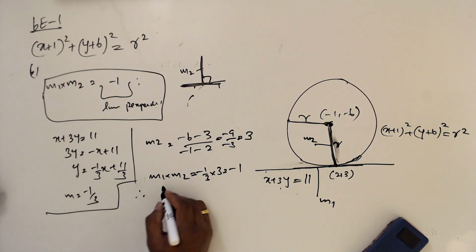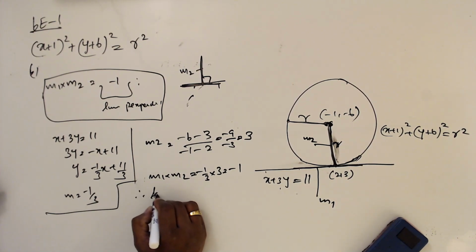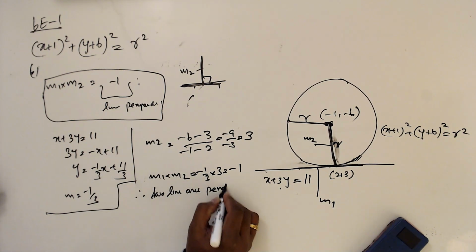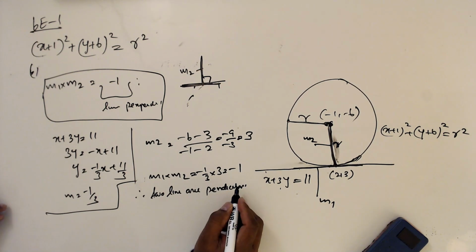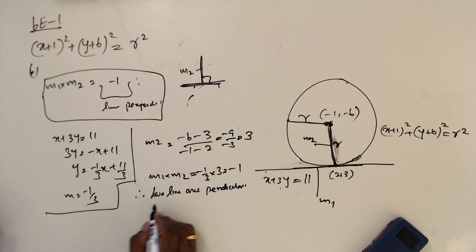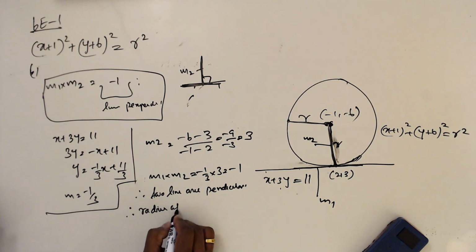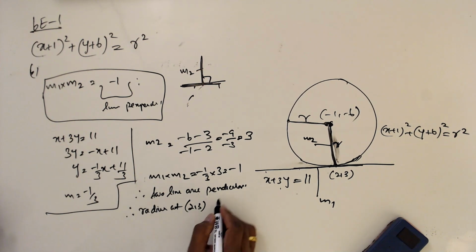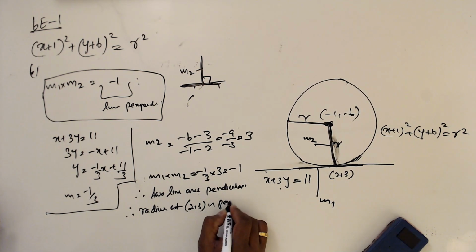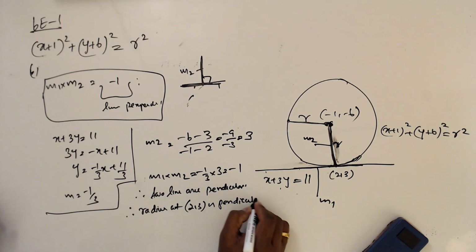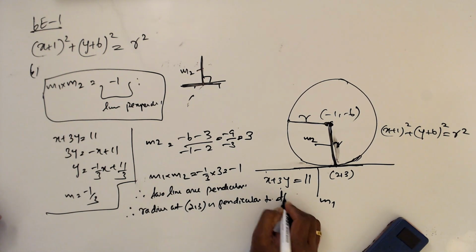Now hence, the two lines are perpendicular. Or you can write, hence the radius at (2, 3) is perpendicular to the line.